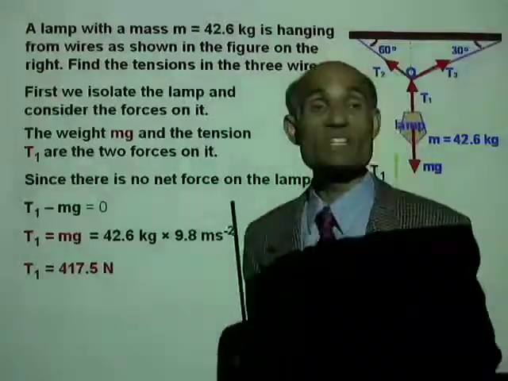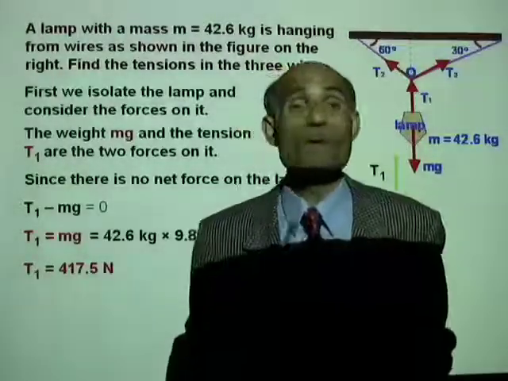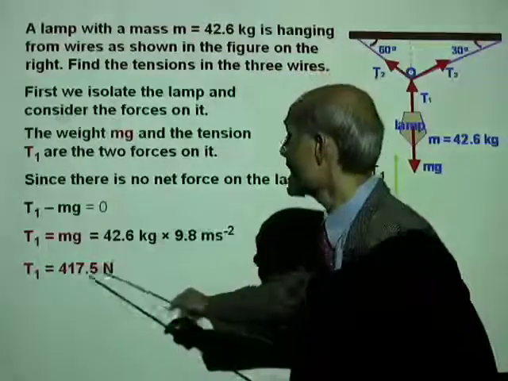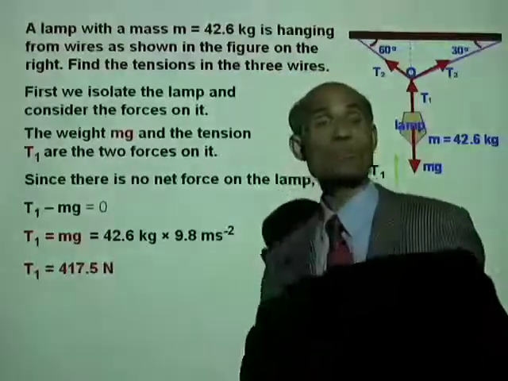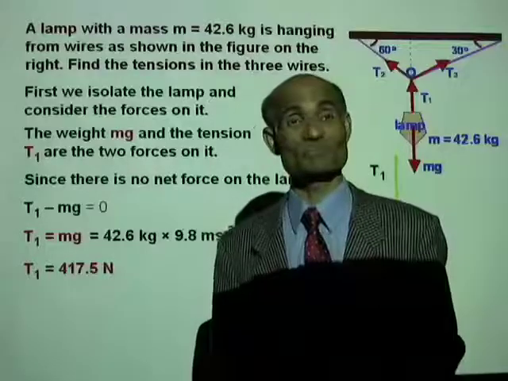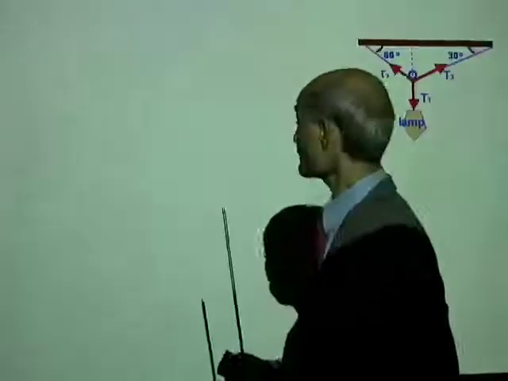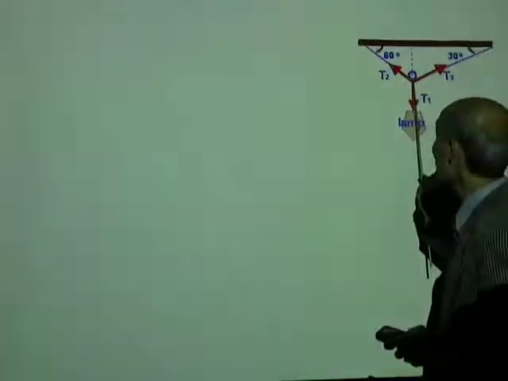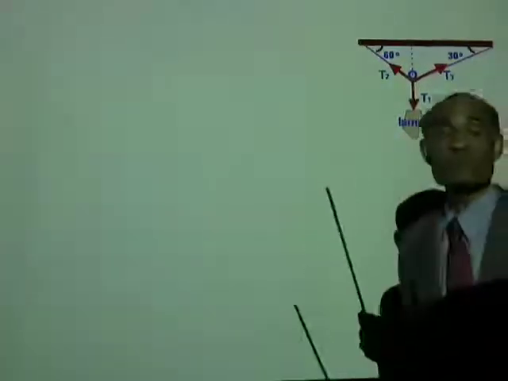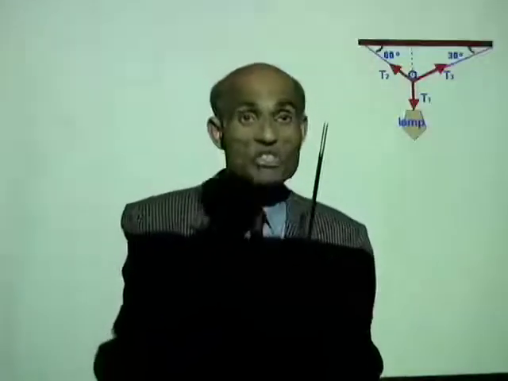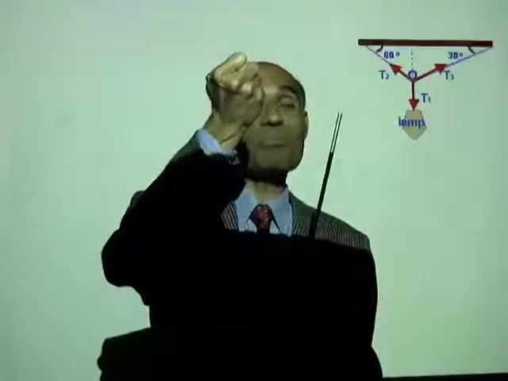We now know T1. So wherever we want to use T1, we can now use 417.5 Newton. Now you notice that I have changed my diagram. I have now identified O as the point. Did you see that earlier that tension T1 was acting up?